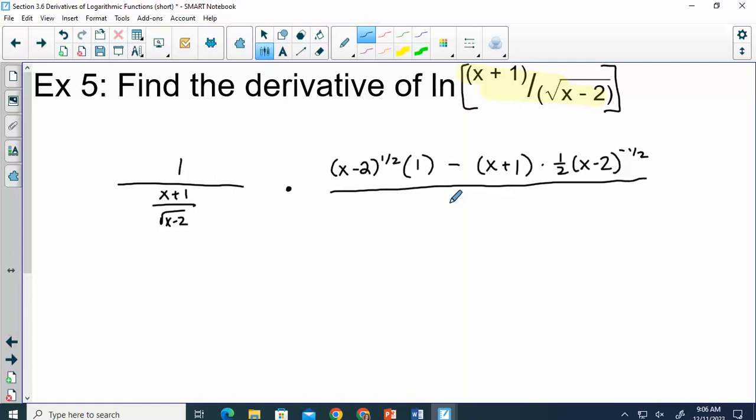Over low squared, so if you square a square root, it just cancels. I just have to clean this up a little bit. If you have a fraction divided by a fraction, what do you do? So that would make it the x minus 2 to the 1/2 on top, x plus 1 on the bottom.